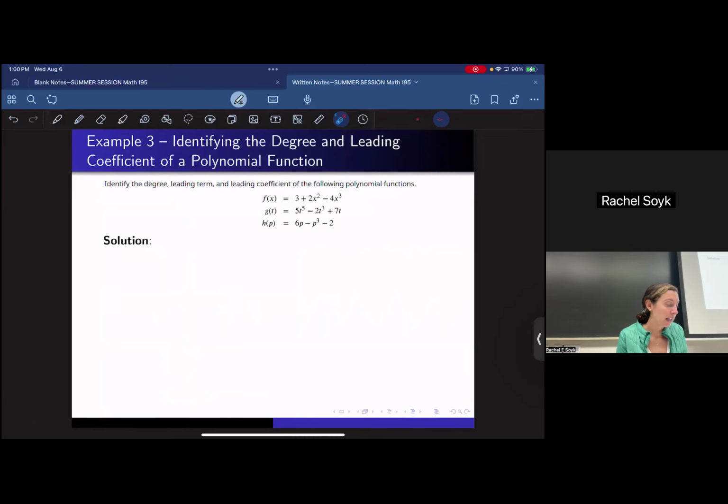So in these 3 function examples, f of x, g of t, and h of p, we want to identify the degree, the leading term and the leading coefficient.